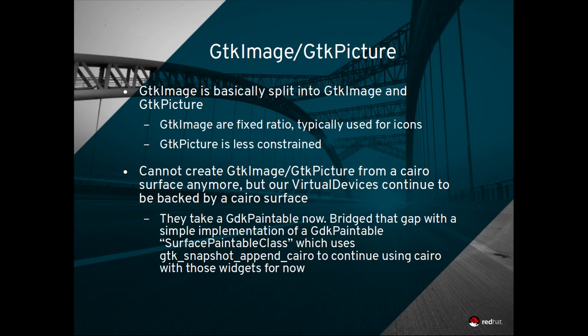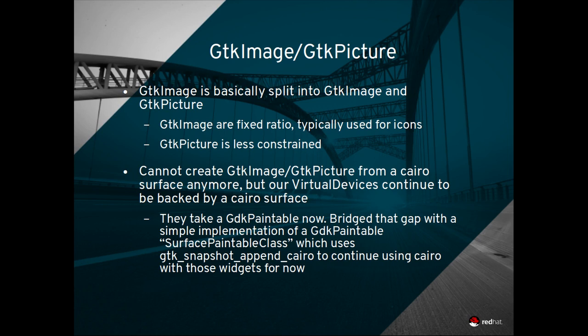Another change related to that is that you can't create either of them from a cairo surface anymore, but in our GTK4 port we continue to keep our virtual devices backed by a cairo surface, and we often want to create an image from one of those.